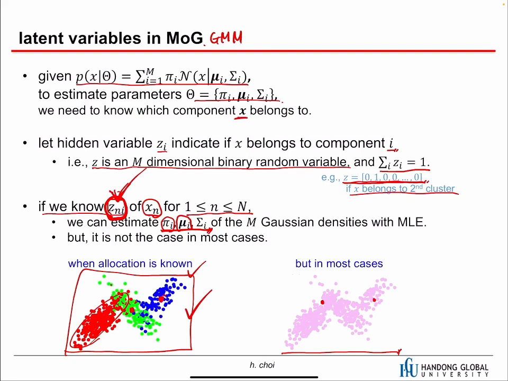We have no idea about what kind of shape and what kind of relationship there is between the clusters and samples. But basically we assume that these clusters can be approximately modeled by Gaussians, and we can use a mixture of Gaussians to model these samples. That's the starting point.